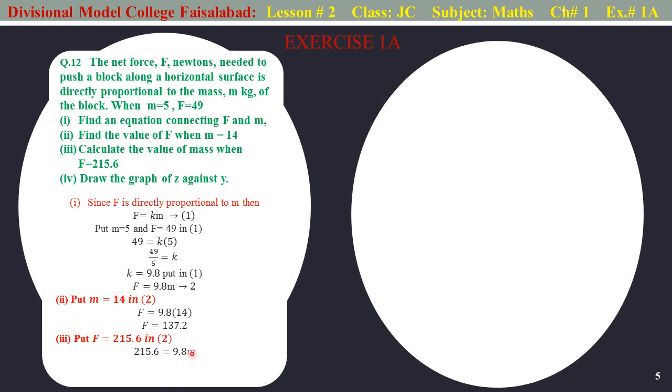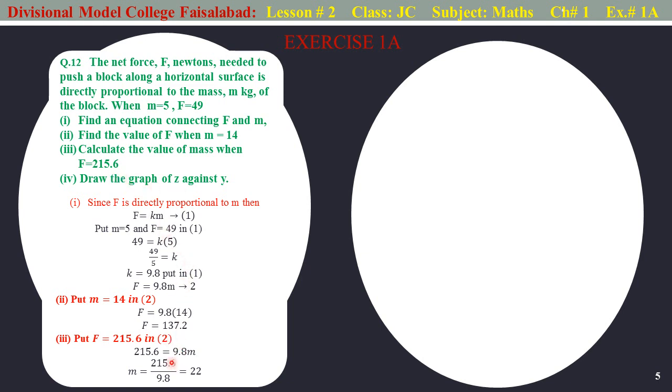Here we are asked to find the value of m in part 3. So we will divide 215.6 by 9.8, and dividing these two values we will get m is equal to 22. This is the same as we have done in question number 3, 4 and other questions. Now the last part is to draw the graph.